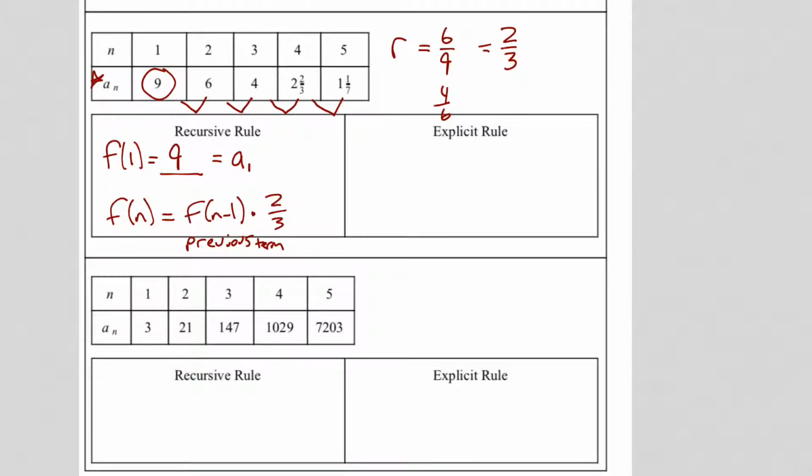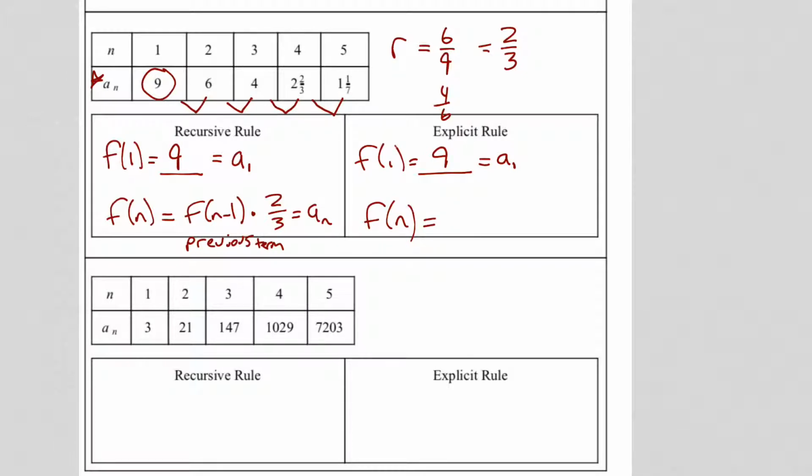So now we'll do the explicit rule. Again, we have to know what f of 1 is. And I'm also just going to highlight back on the recursive rule, this is the same as a sub n. a sub n and f of n are the same thing. So we know what f of 1 is. It's 9. It's the first number in the list of numbers, which is the same as a sub 1. And we know the explicit rule from just above in our guided notes.